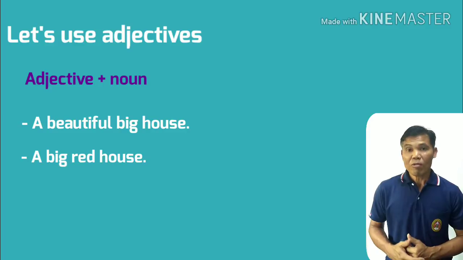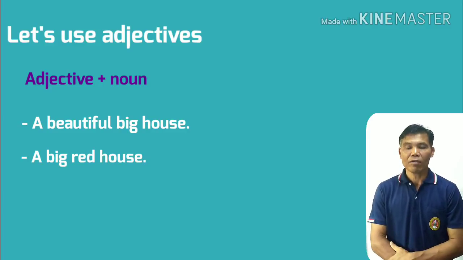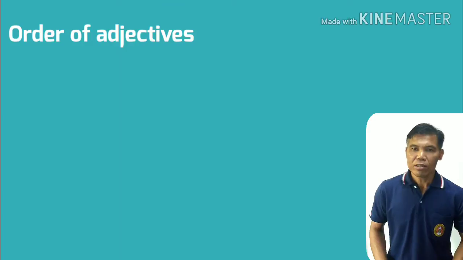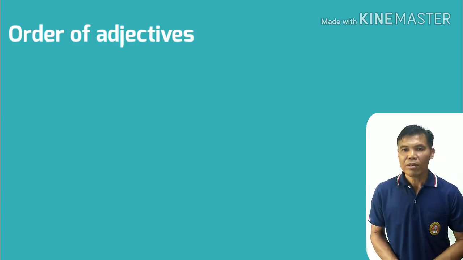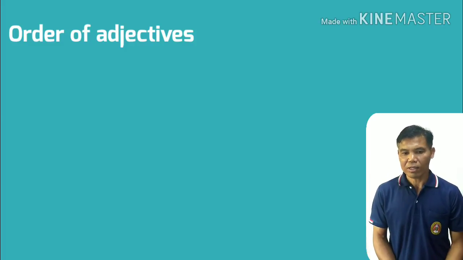So, when we want to use more than one adjective to describe a noun, it is very important that we put them in correct order. So, from the adjective we have learned before, we need to order them in correct order.